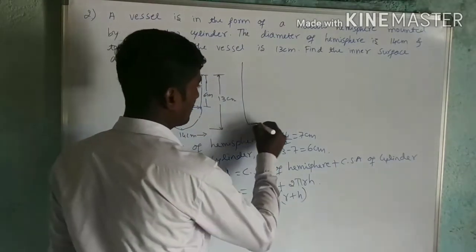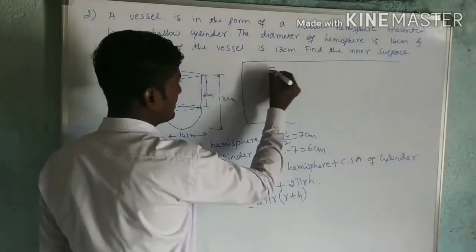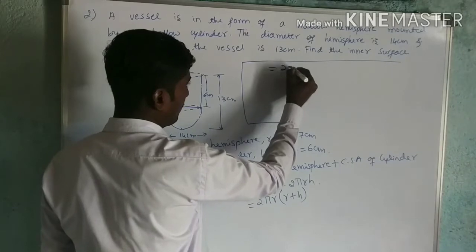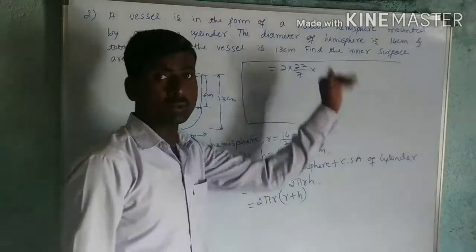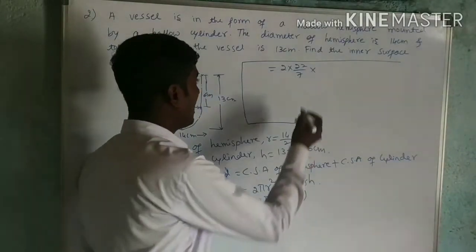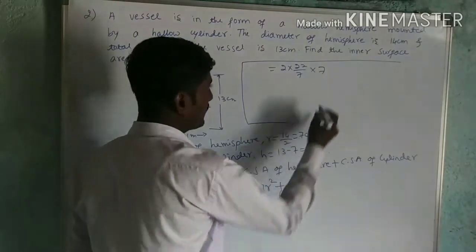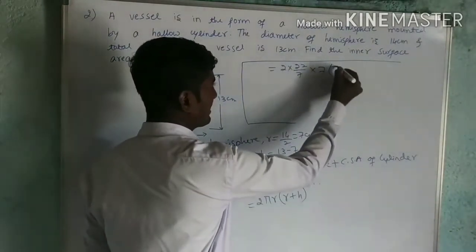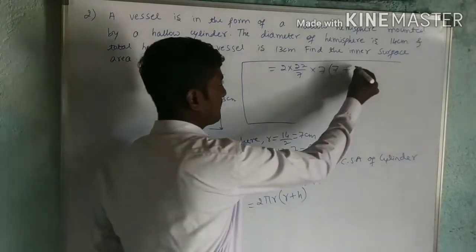Now we can substitute the values. This is equal to 2 pi, 22 by 7. They said to use 22 by 7 for pi. r value is how much? 7, into r plus h. r is 7, plus h, which we already got, is 6.